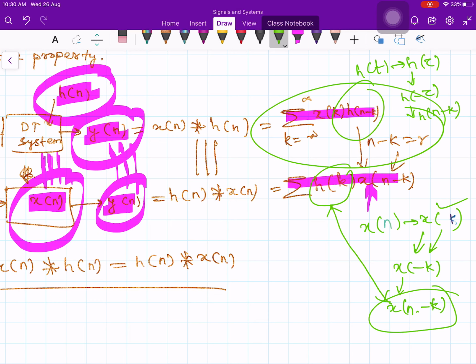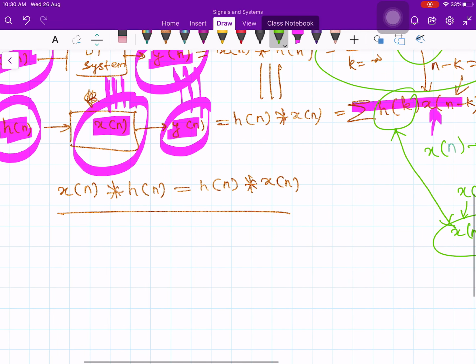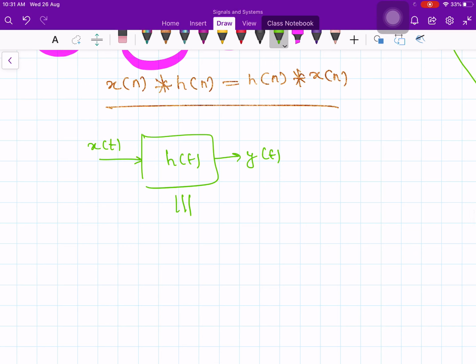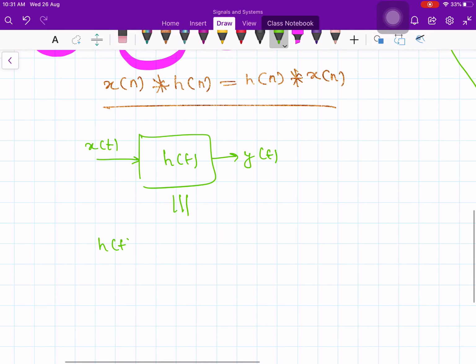Similarly, for the convolution integral, the impulse response is h of t for continuous time, the input is x of t, and the output is y of t, and this will be identically equal to the case where the input is h of t and the system response is x of t.